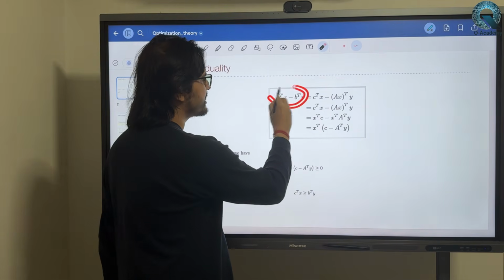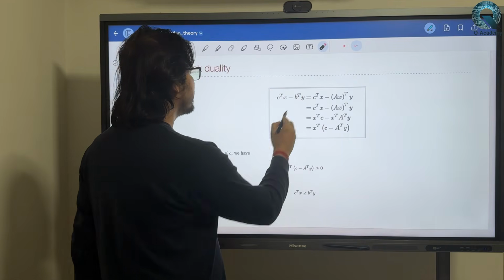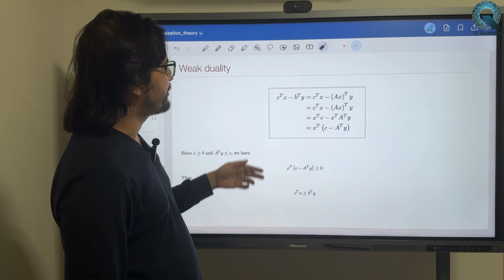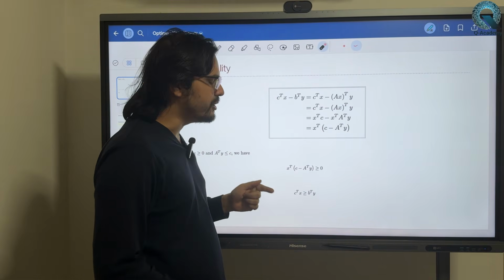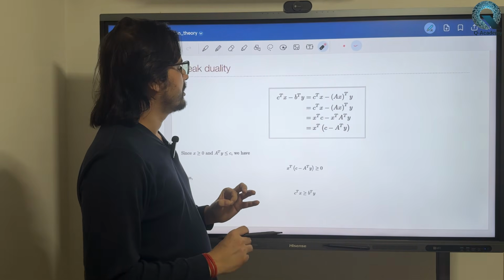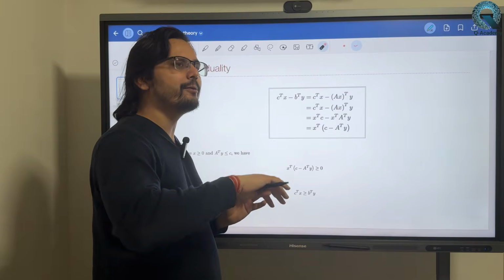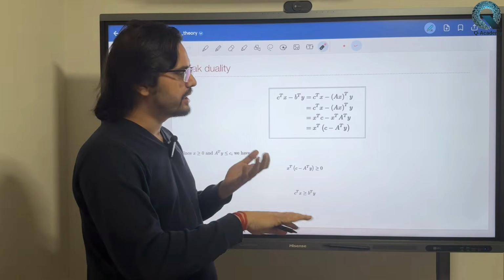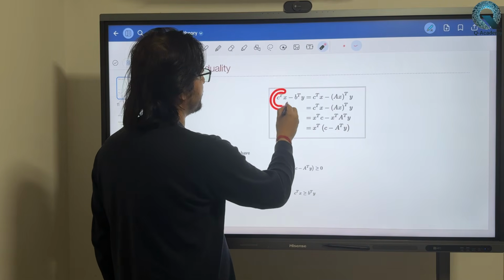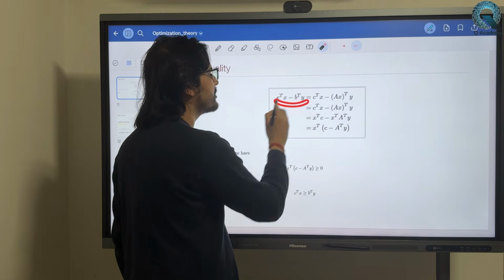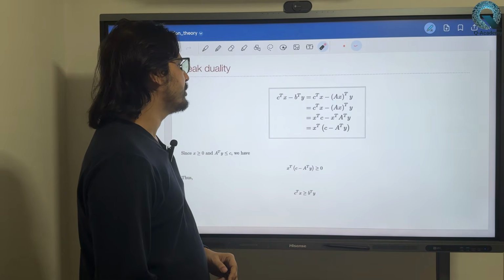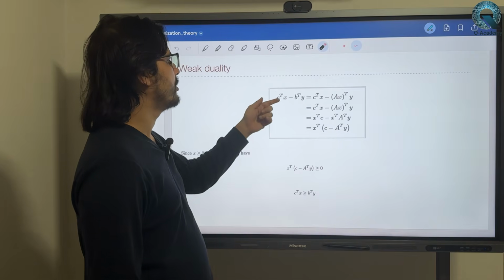You will find that it's always greater than or equal to 0, which means that for every feasible primal value, the dual value is below it. I mean, this difference is always non-negative. What we are saying is that the primal value is an upper bound on the dual value.